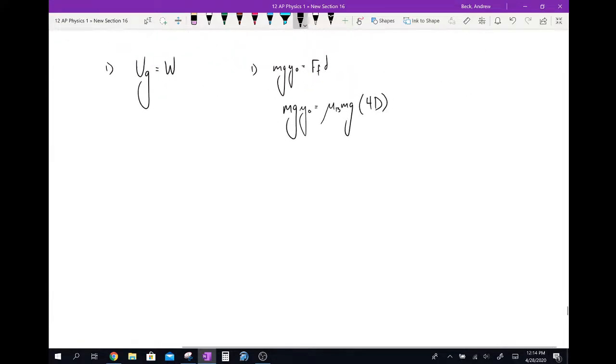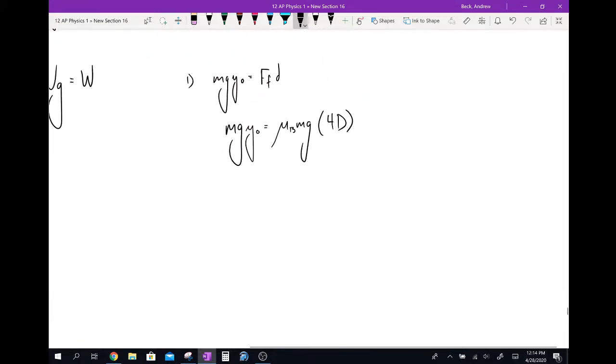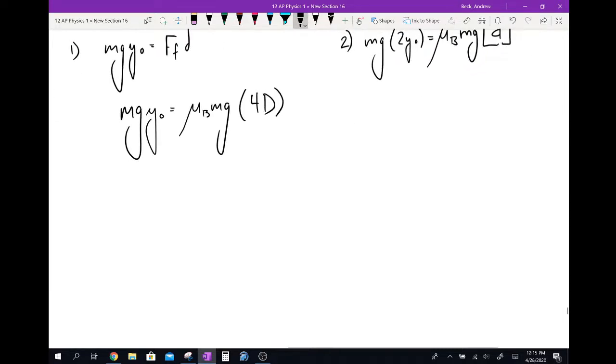Now in this new situation, we're doubling the height. So we really have double this potential energy. We can say mg times 2y naught is going to equal our force of friction, mu b mg, times some new displacement. I'll call it lowercase d because we want to solve for it.